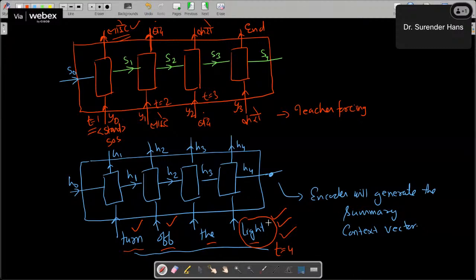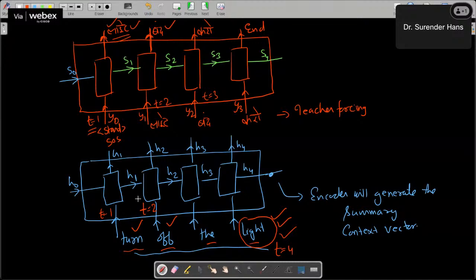You have to pass this specific word from the encoder to the decoder to print this Hindi sentence. To print the Hindi word Band, you must pass these two words, turn and off, at t equal to 1 and t equal to 2.